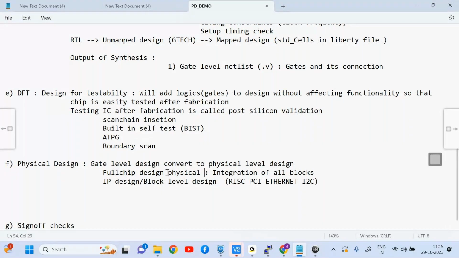So this involves integration of blocks and IP design or block level design, right?